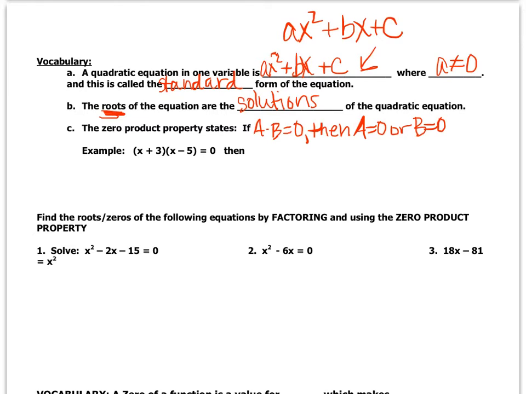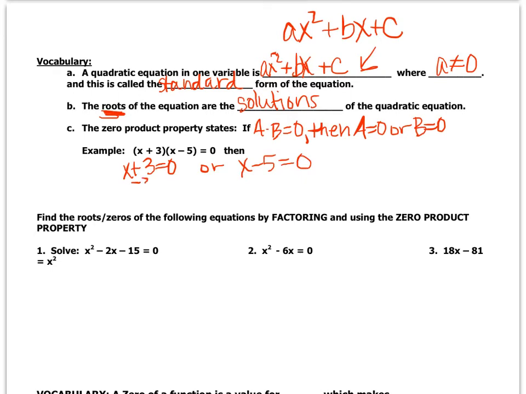And we're going to find our a and our b by factoring. So here's our example right here. If I have the quantity x plus 3 times the quantity x minus 5, that equals 0, then I know that either one of those two has to equal 0. So I can say x plus 3 equals 0, or x minus 5 equals 0.